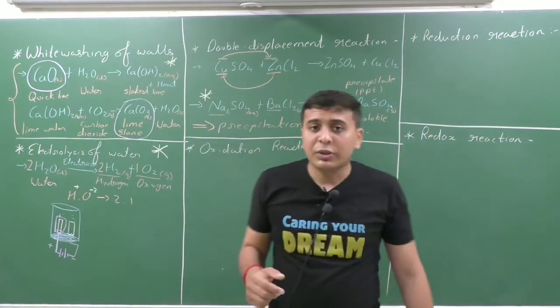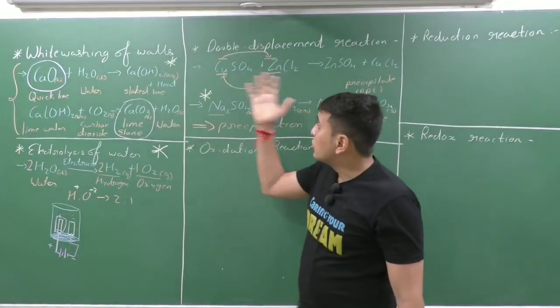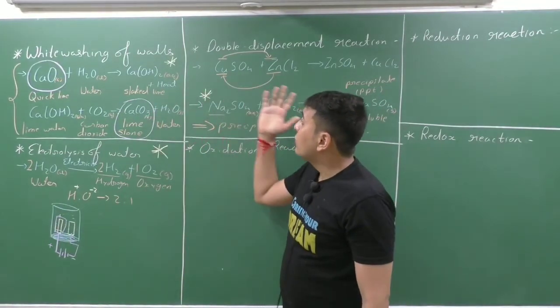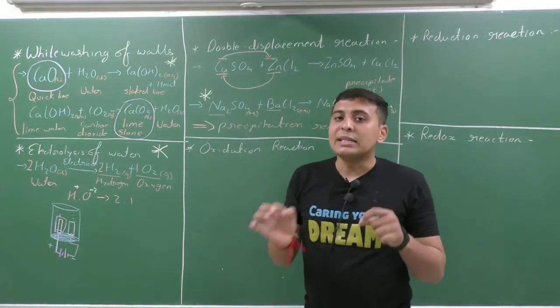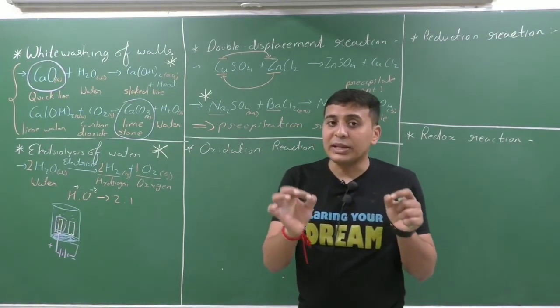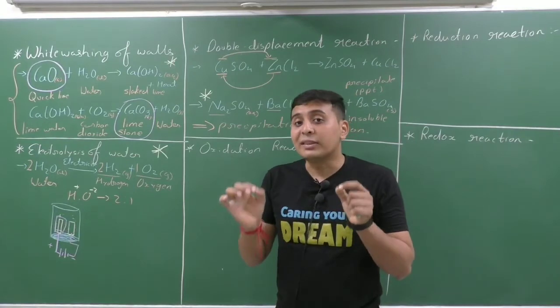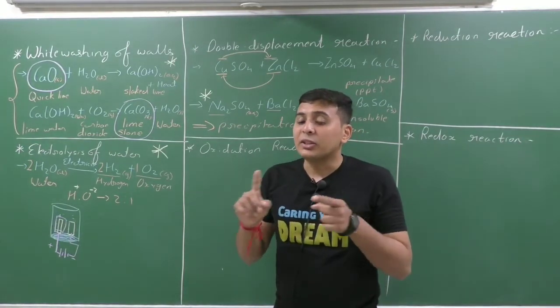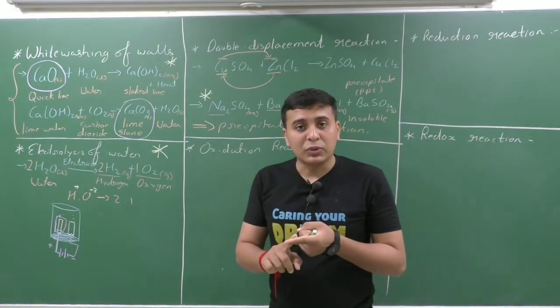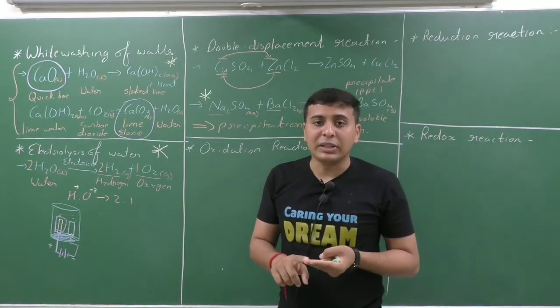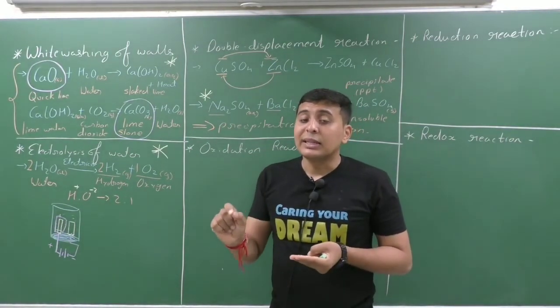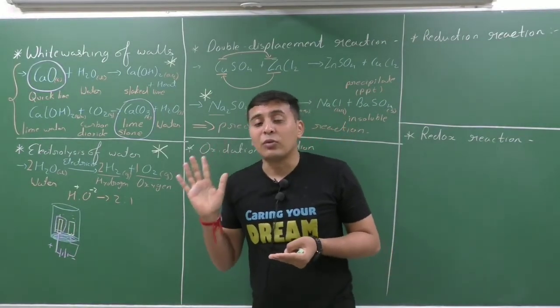But before moving on to the oxidation reaction, you should know that all of this you have to write in your class workbook, as well as each and every example with activity which is given in combination reaction, decomposition reaction, displacement reaction, as well as double displacement reaction should be written in neat and clean form in your homework.